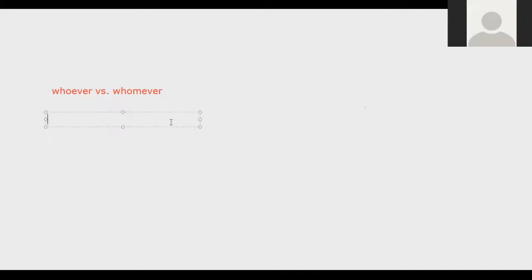Okay, so let me go back to whoever versus whomever. But there's a key difference here between whoever and whomever. So consider the following sentence.